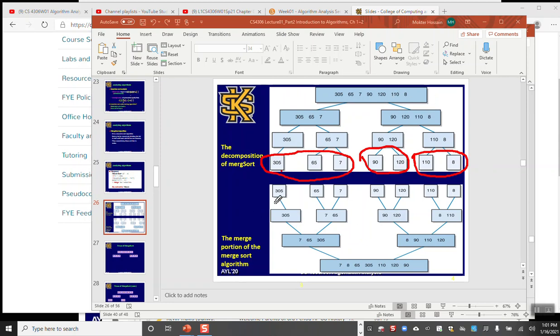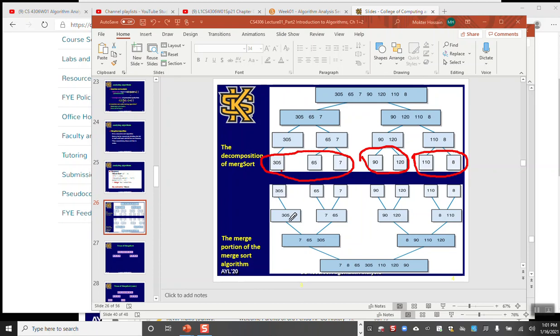Now the next part is to compare and merge. The comparison happens between two elements. This is a single element, so there is no comparison, it will come over here.